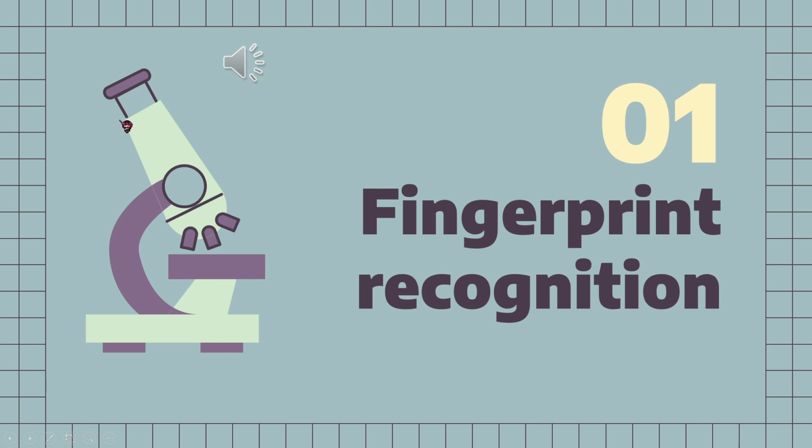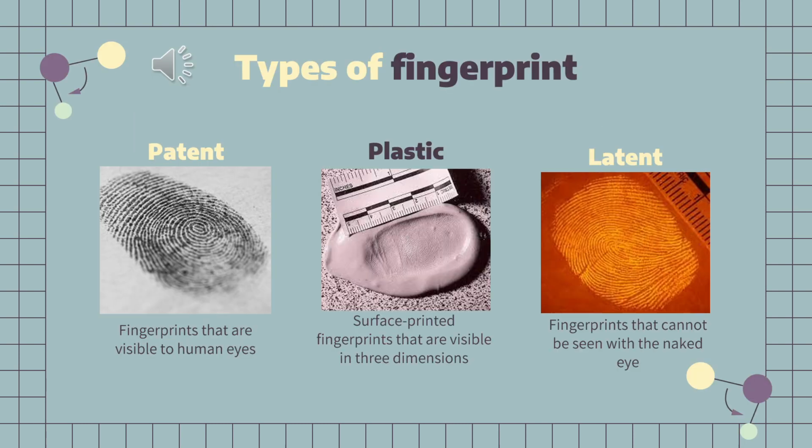First, I'm going to talk about the fingerprint recognition that is used and identified by forensic scientists. There are three types of fingerprints: patent, plastic, and latent.